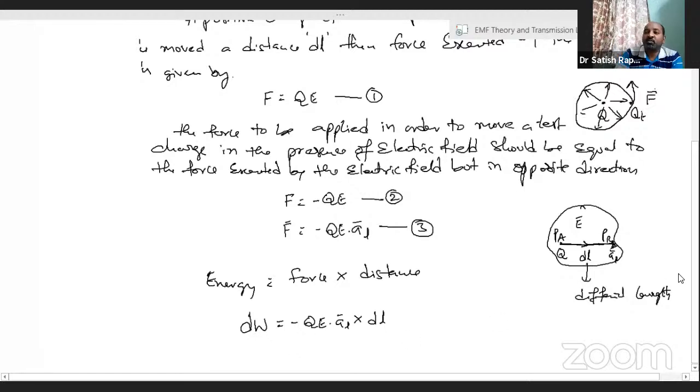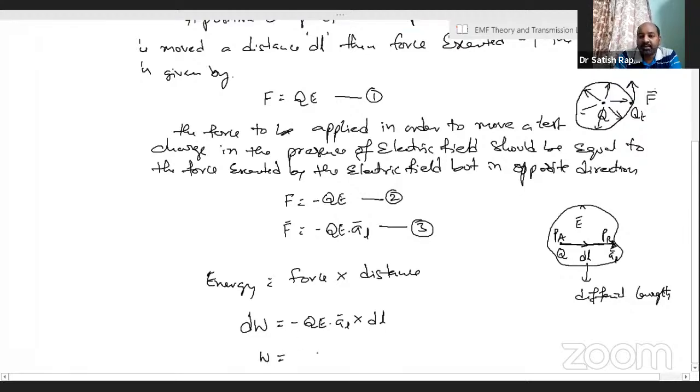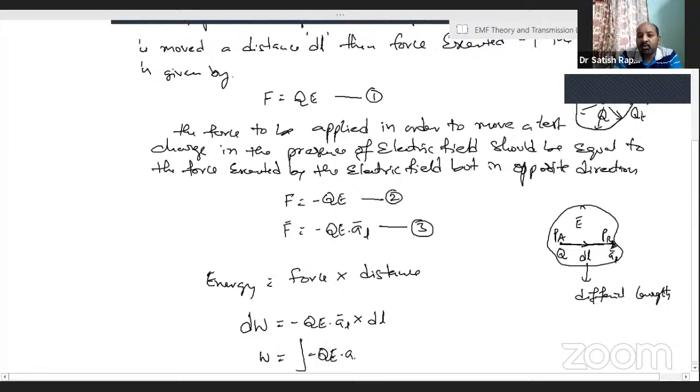If you want to determine the total work done from point A to point B, then integrating, W is equal to the integral of minus QE dot a_L bar dL.